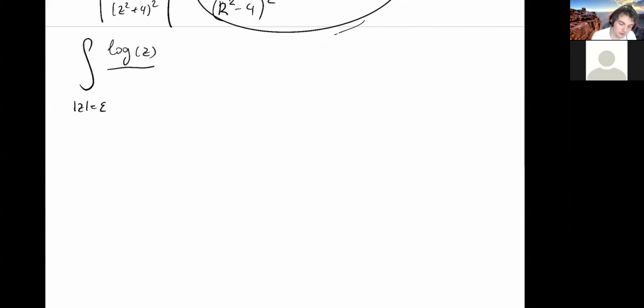Because you see, we kind of do have a pole here, but it's not really a pole. A pole requires something like a negative power, and here all we have is a logarithm. So I'm going to prove that this goes to 0 as well, as epsilon goes to 0.